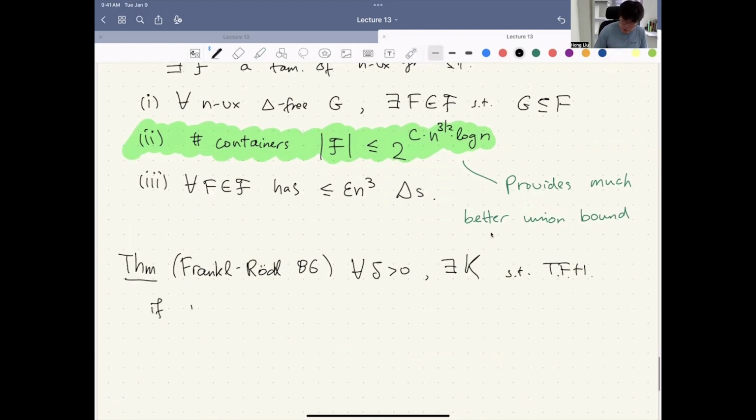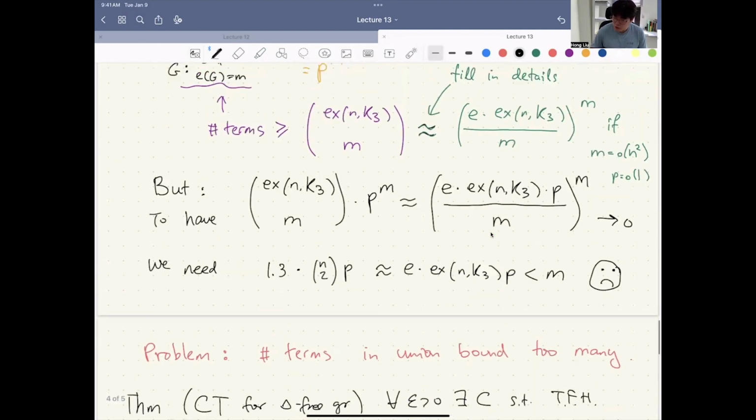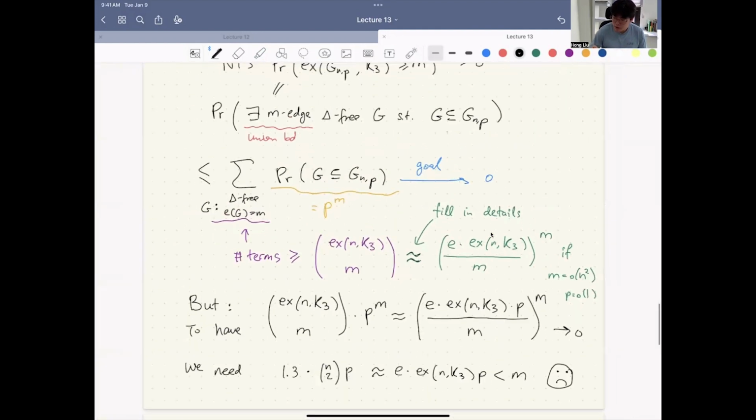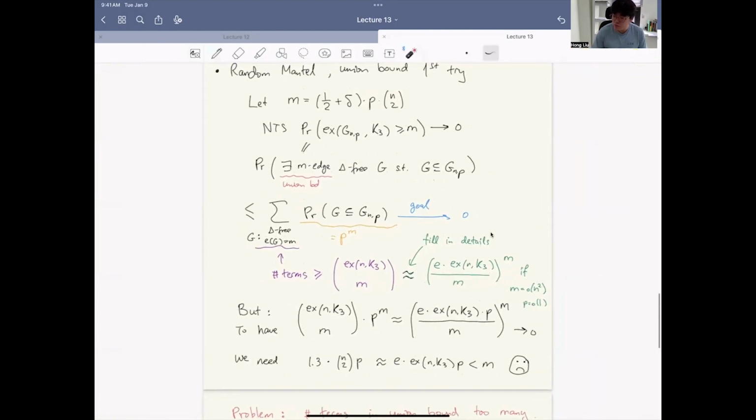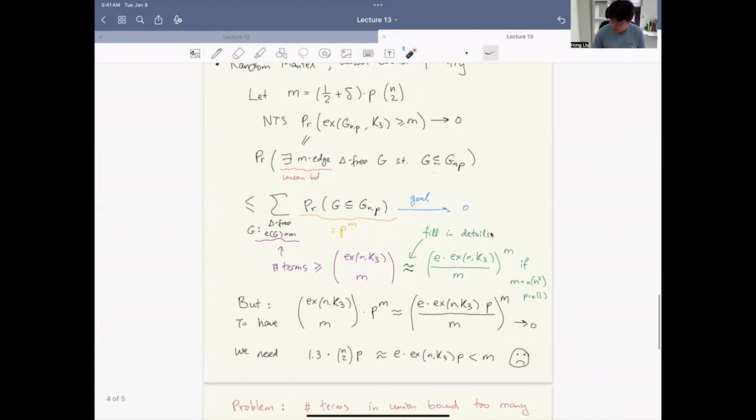Remember, the naive union bound fails to prove 1/2 plus little o(1) times p times n choose 2, even when p is little o of 1.